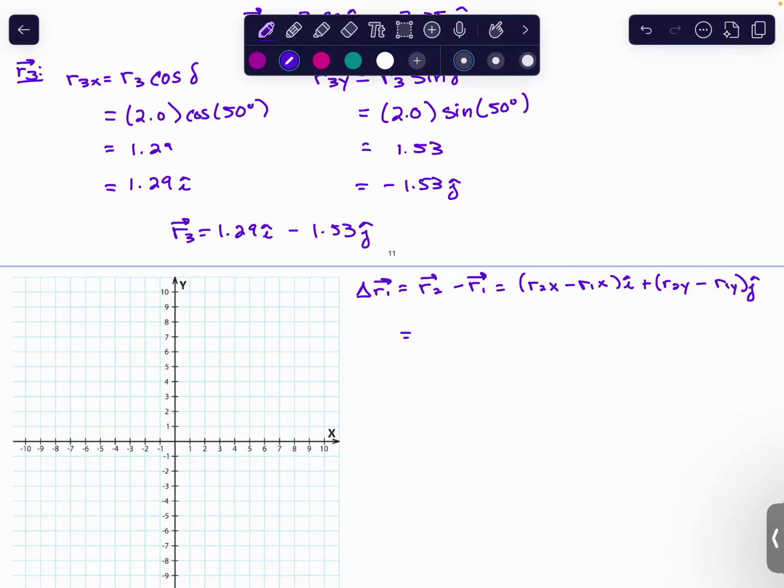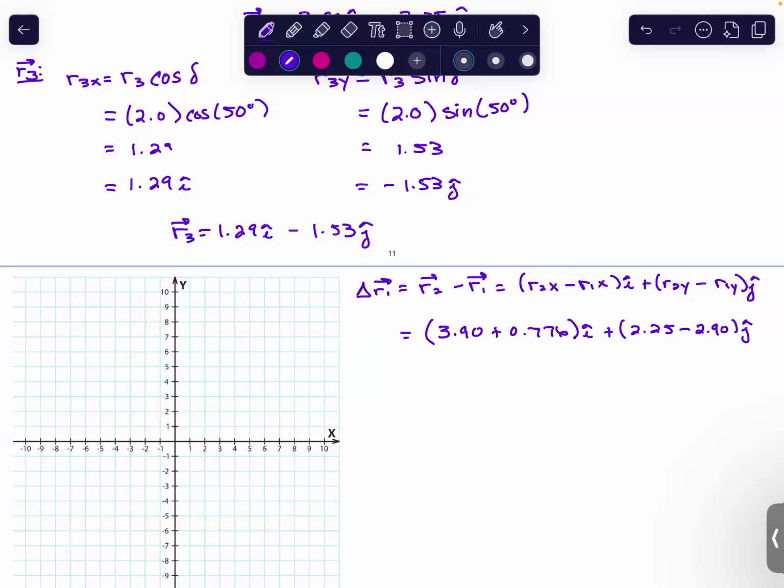So what are those numbers going to be? R2x is 3.90. R1x is a negative, so it's going to be the negative of a negative 0.776, so it's going to be plus. R2y, 2.25, and R1y, 2.90.